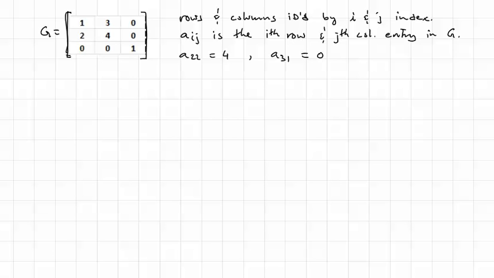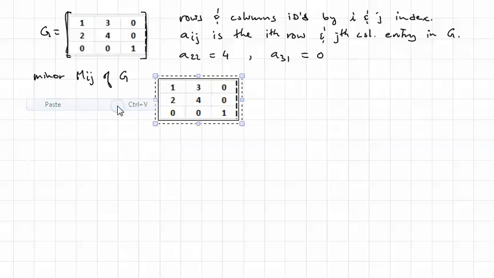Okay, now we can define a minor. The minor Mij is the ijth minor of a matrix G. And how do we formulate that?